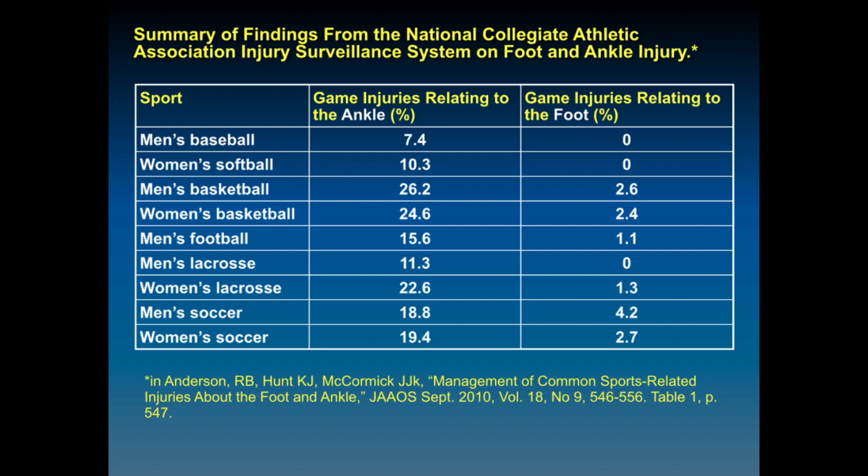And when we look at foot injuries, soccer is the greatest number, men's soccer at 4.2%, followed by women's soccer, and then men's and women's basketball. So this will help you understand what type injuries you're going to see, and this makes sense based on the mechanisms and the biomechanics of the sport in basketball and soccer.